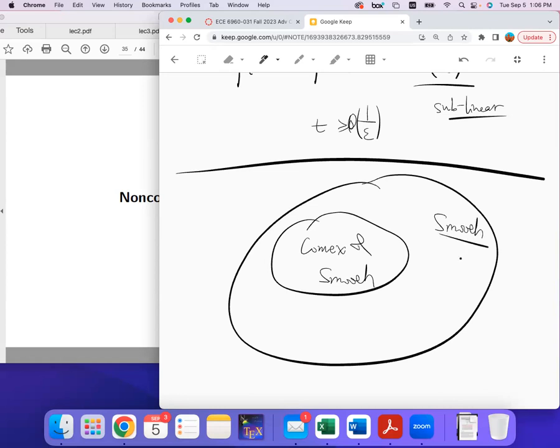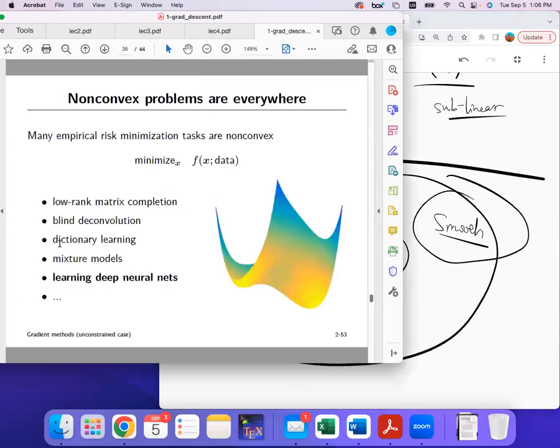We further drop the convexity. The function may not be convex. So for this class of problems, we usually call it non-convex and smooth. Non-convex means that it is not convex, so it's complementary to the convex case. So we call this the non-convex problems.